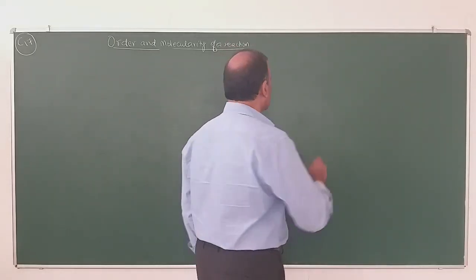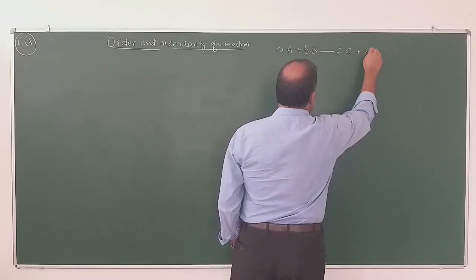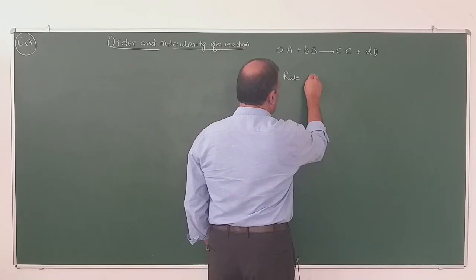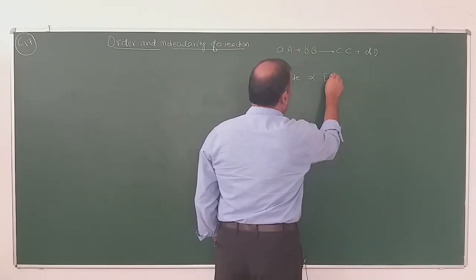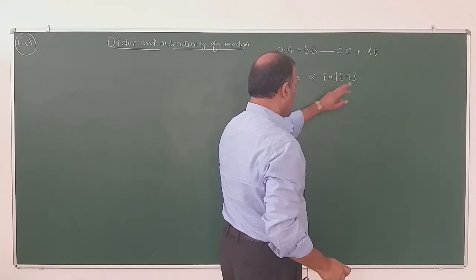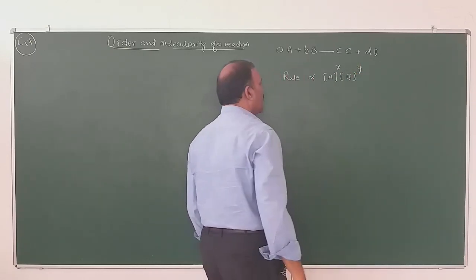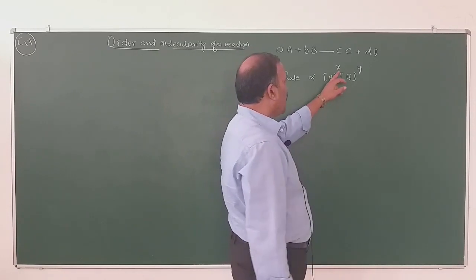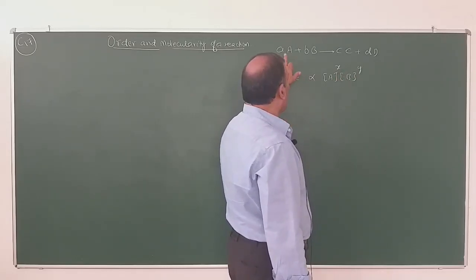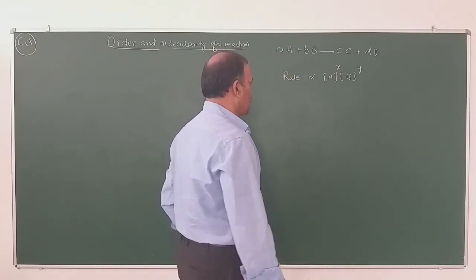So for a general reaction of the type aA + bB gives cC + dD, according to the law of mass action, rate of reaction is directly proportional to the product of molar concentration of reactants, namely concentration of A to the power of x and concentration of B to the power of y, where x and y are the exponents or the powers of the concentration terms which are determined by the experiment, whereas small a, b, c, d are the coefficients of the balanced chemical equation.